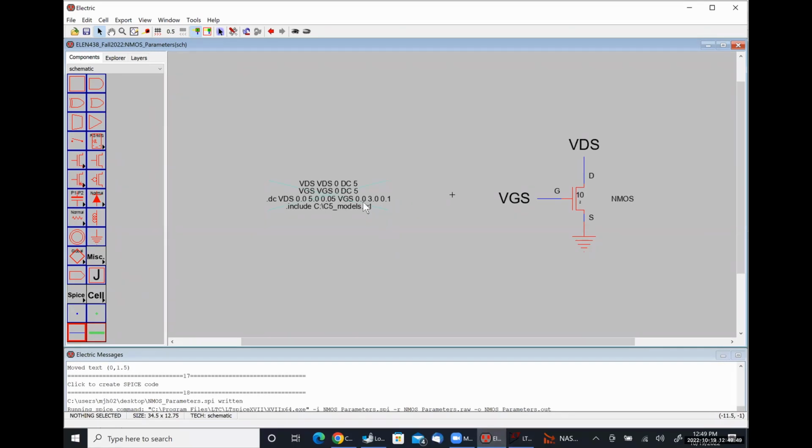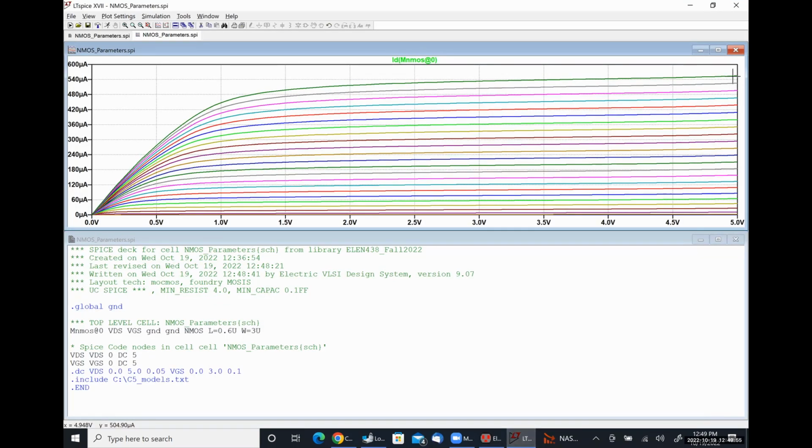Since I swept from 0 volts to 3 volts in 0.1 volt increments, this one corresponds to VGS of 3, 2.9, 2.8, 2.7, 2.6, 2.5, 2.4, 2.3, 2.2, 2.1, 2.0, 1.9, and so on down to 0.3, 0.2, 0.1, 0 volts.